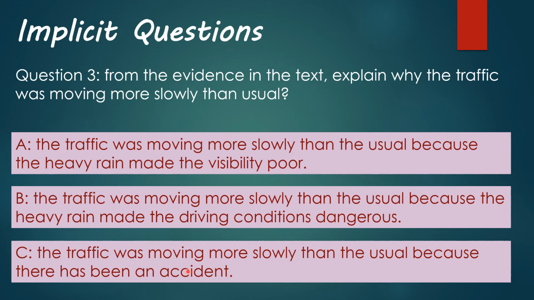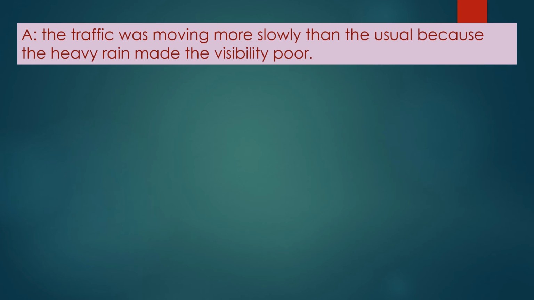But look at another response. The traffic was moving slower than usual because there had been an accident. You may recall that there has not been any such hinting of an accident. So let's see how the examiner views it.